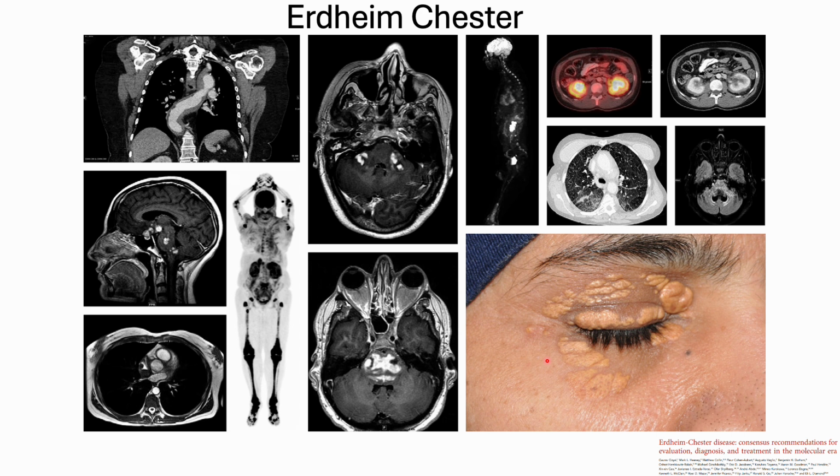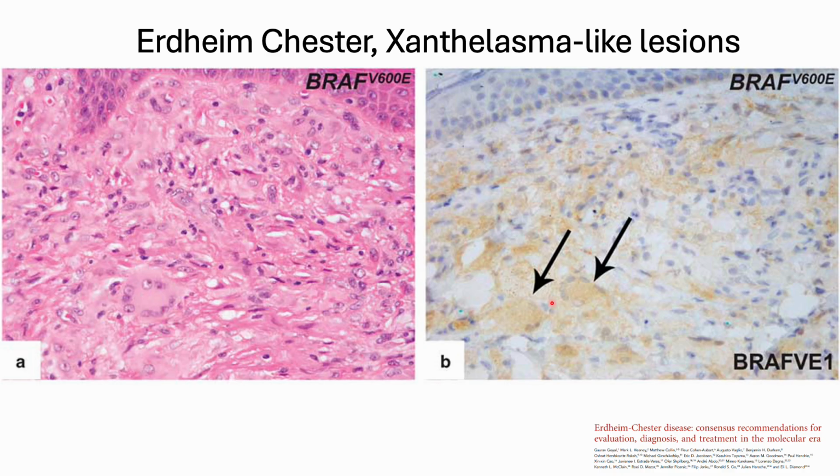As far as the dermatological manifestations, patients can have these xanthelasma-like cutaneous lesions. And this is a biopsy of one of the xanthelasma-like cutaneous lesions. And I think you can see that it's pretty nondescript.